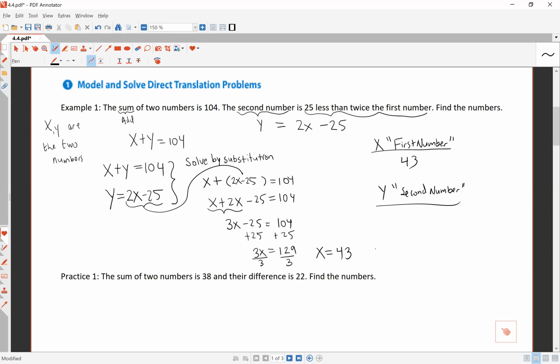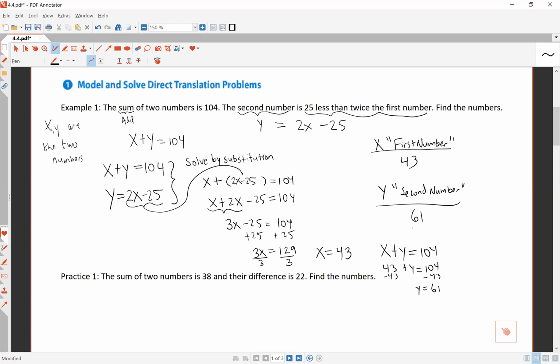I think it's a little bit easier to plug this into x plus y is 104, or 43 plus y is 104. Subtracting 43, we get y is 61.